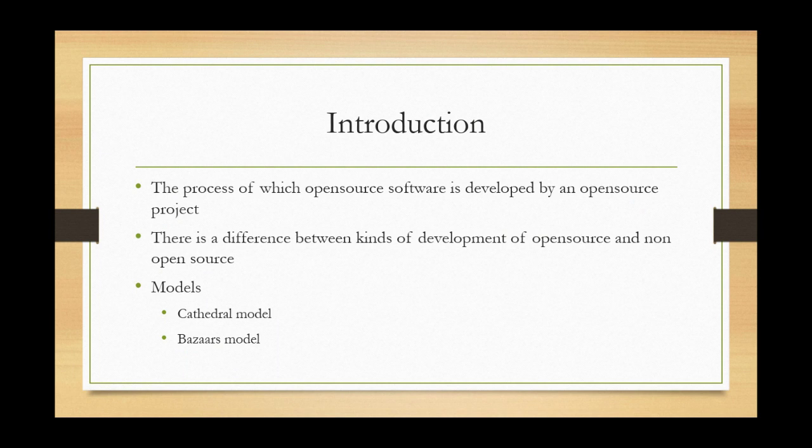The source code is available, with each release of the software there is a release of the source code. But the problem here is that the development of the code that is released is restricted and exclusive to a certain group of software developers.